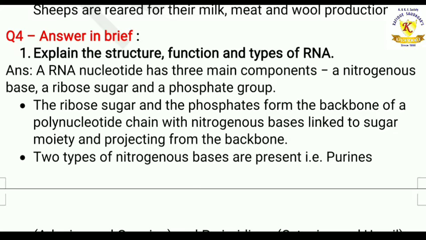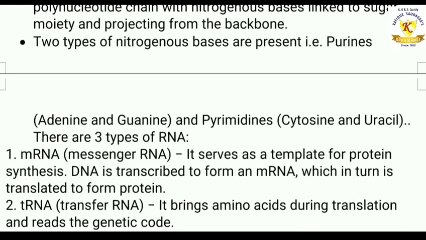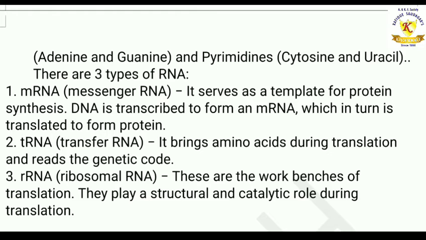The ribose sugar and the phosphate form the backbone of the polynucleotide chain, with nitrogenous bases linked to the sugar moiety and projecting from the backbone. 2 types of nitrogenous bases are present, that is purines, adenine and guanine, and pyrimidines, cytosine and uracil.